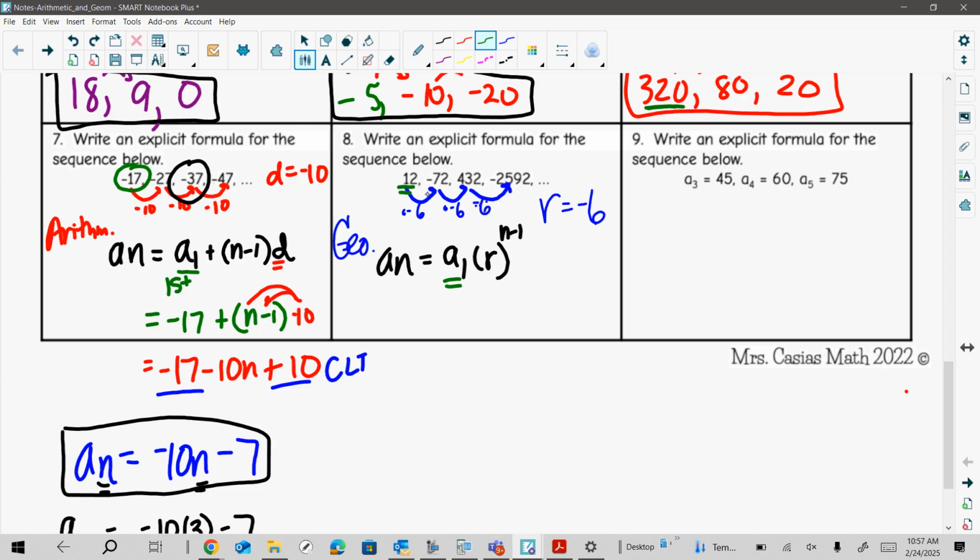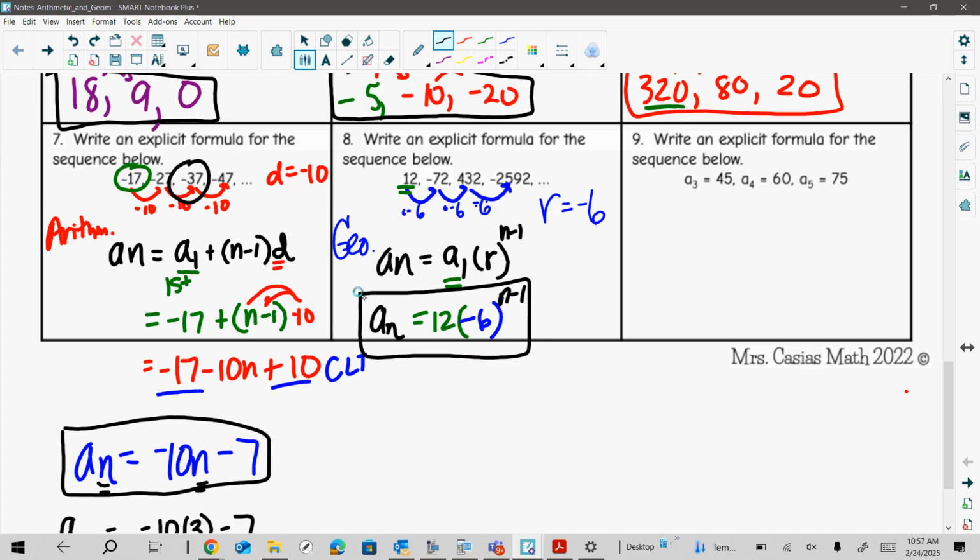So that is the 12, in parentheses, negative 6, to the power n minus 1. And there, that is our formula. So we need n. If I need to find any term, the first term, you just put 1, and then minus 1. Exactly, you just plug in the term you're trying to find for n.